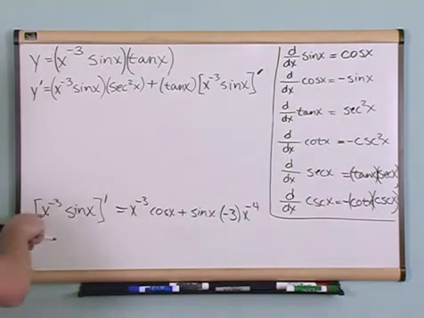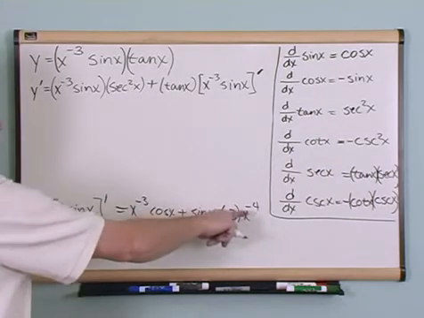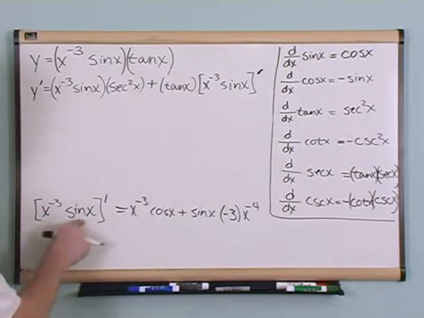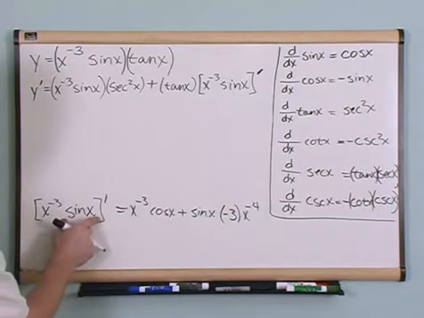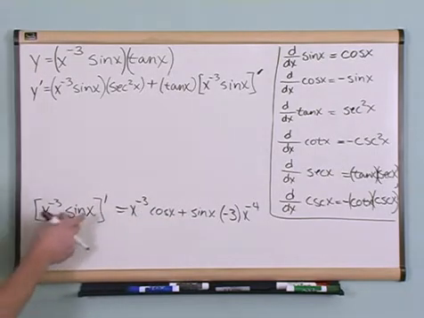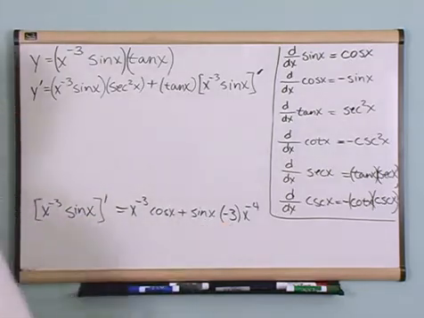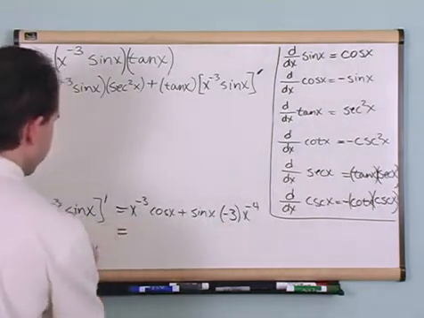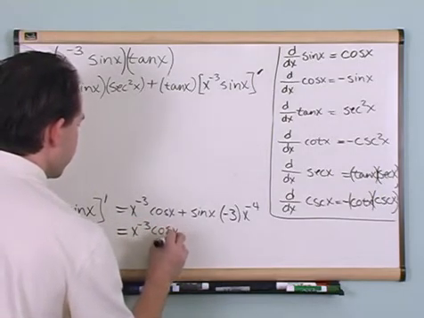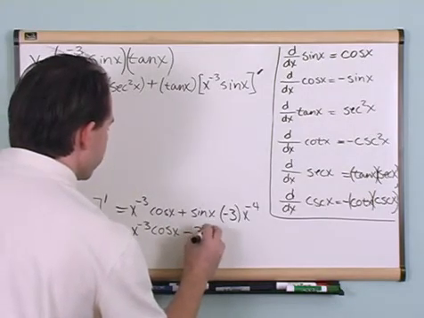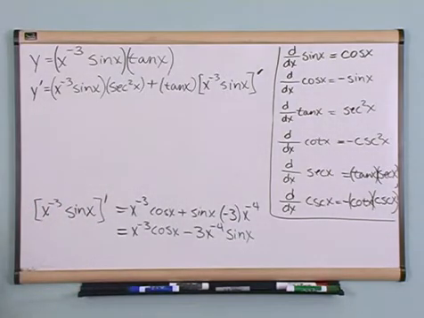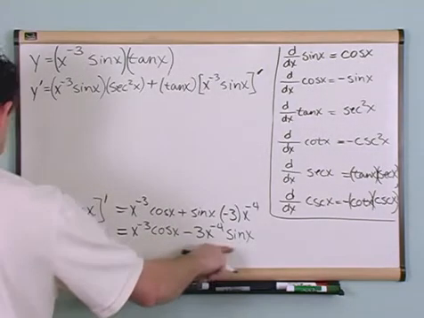The exponent comes out in front, and then you put x, and then you subtract 1 from the exponent, and that leaves you with that. So really, we're applying the same rule, but we're doing it inside here. So in the end, this term will be x to the minus 3 times cosine of x minus 3x to the minus 4 times sine of x, which will give you basically this term right down there.